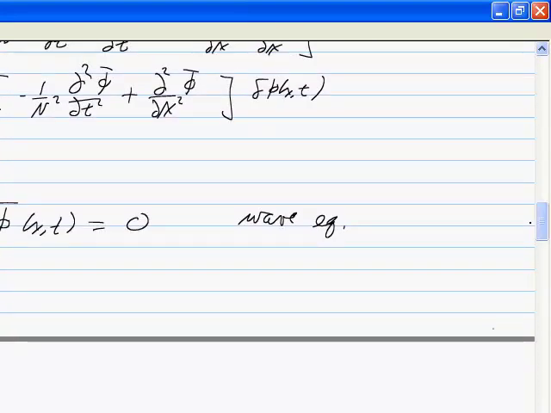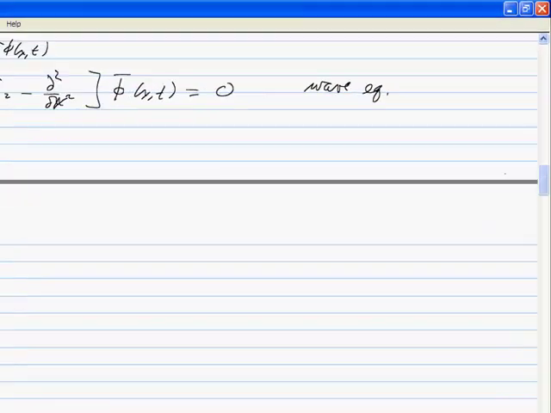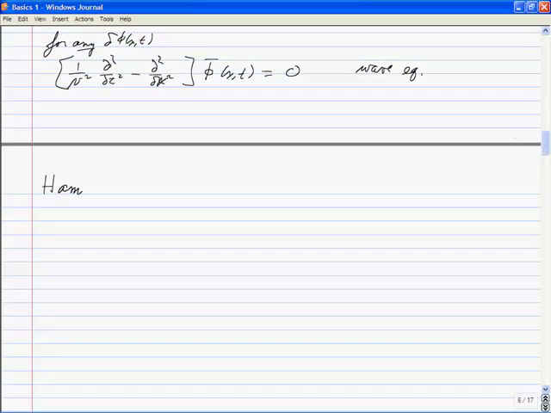Okay. So that's all to lull you into sleep there, because you're also familiar with the derivation of the wave equation this way. Now, next step isn't quite as obvious. We're going to do the Hamiltonian.